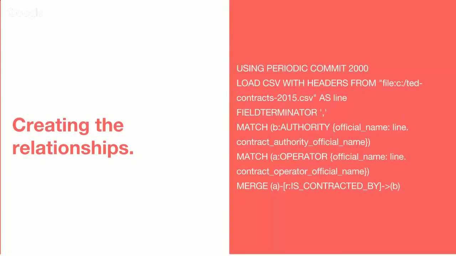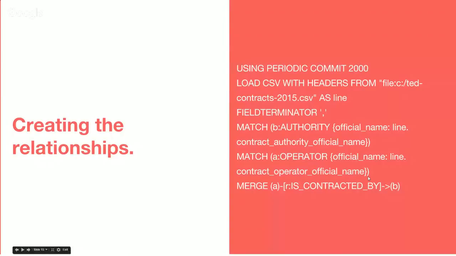It will try to find an existing node which has, as an official name, the value present in the line of the spreadsheet. It's going to do that for the authority, and then with the same logic, it's going to try to identify an operator which has a certain contract operator official name in our line.